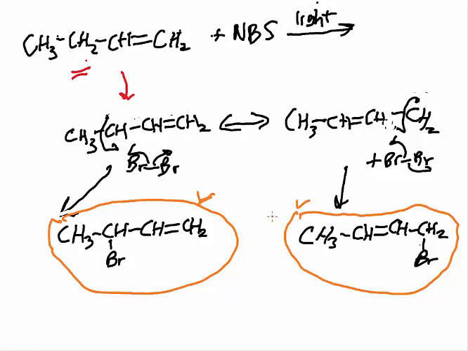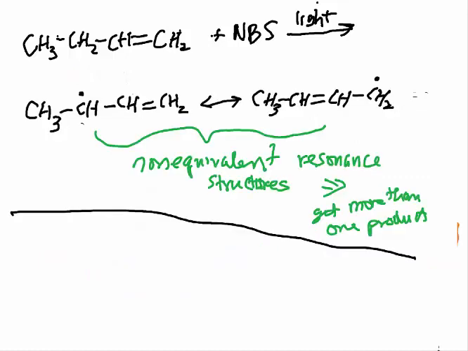So that here is, I think, the key to this. Let me clear some of the board space first, and allow me to do that. All right, now in this particular reaction, when you think it through, you see that you get two products. In the previous examples, however, we got only one allylic halogenation product. Why the difference? Well, it's this.